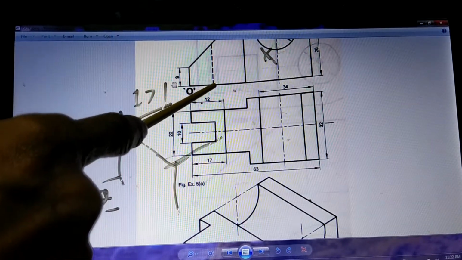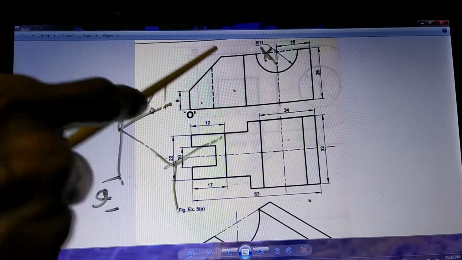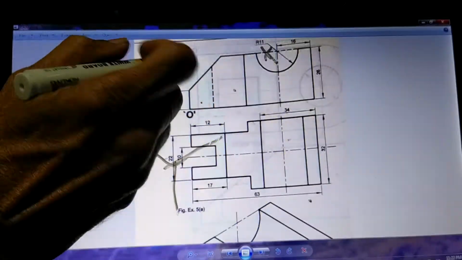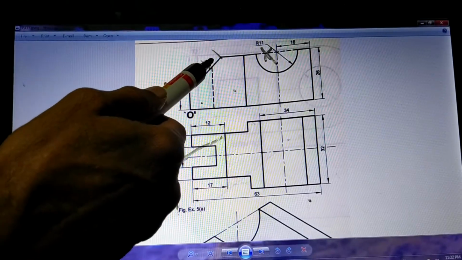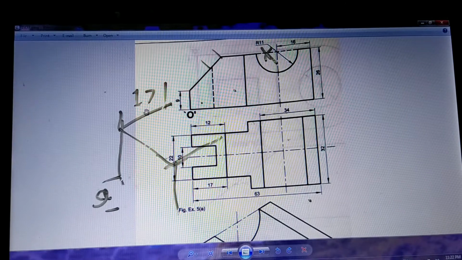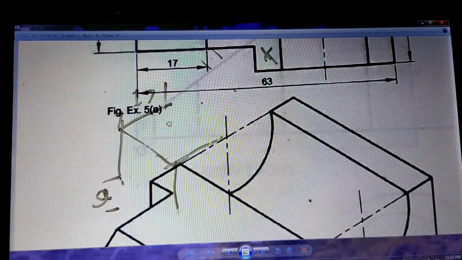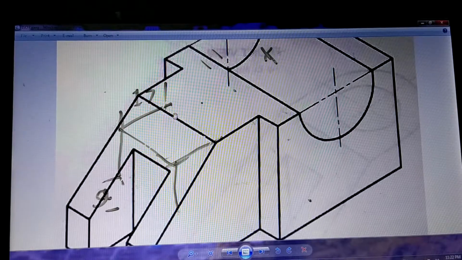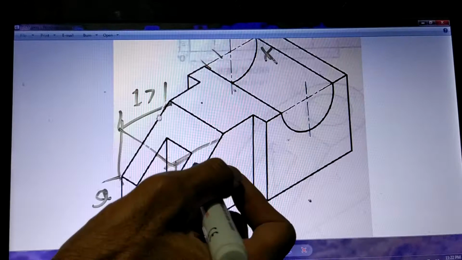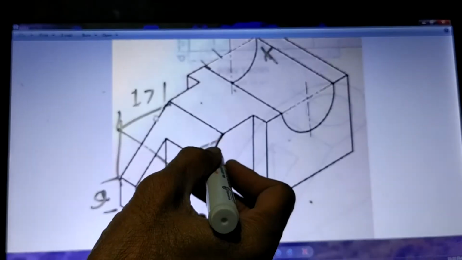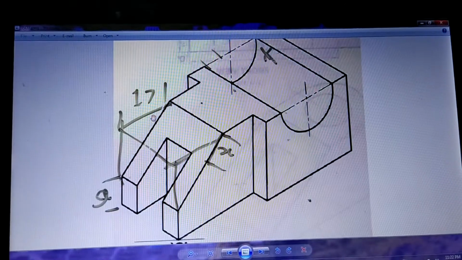So at a distance of 12 there is a cutout, and what you can do is measure the distance from here to here. This distance you can measure on the inclined surface, and that can now be marked. So you can see that here, this inclined distance, I call it x.